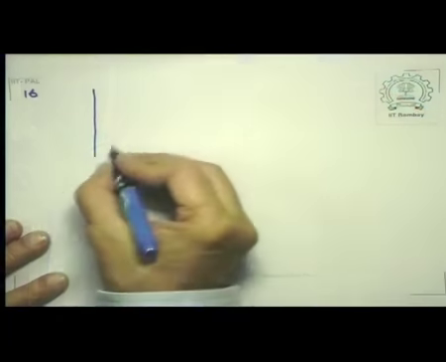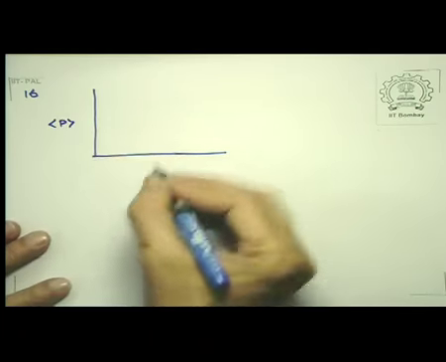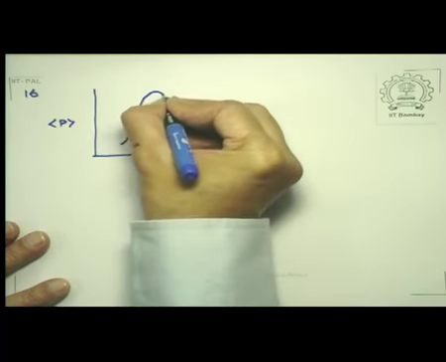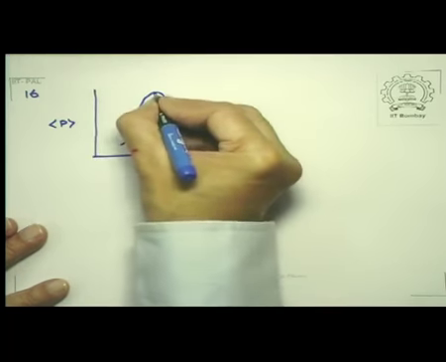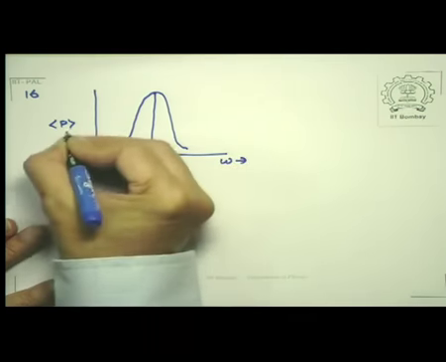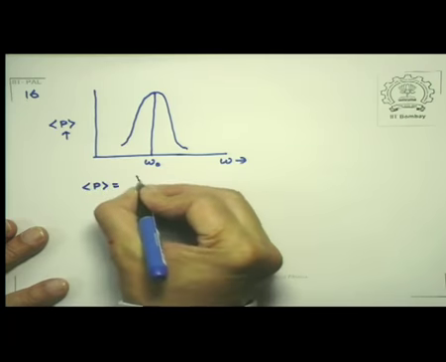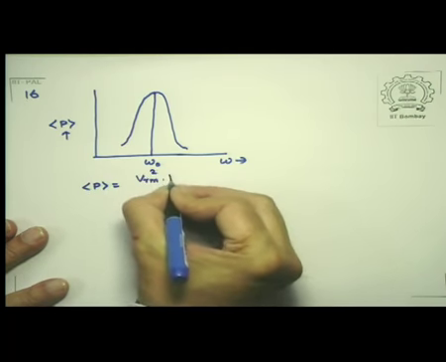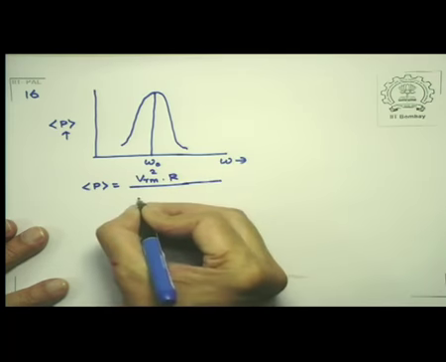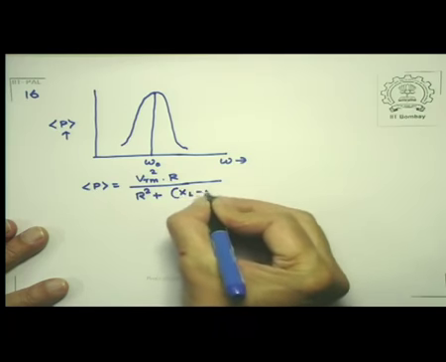Now let me look at what happens to the curve. Instead of comparing, just look at a fixed resistance and look at this power P. So the power curve was like this, and we have seen that the peak here is at omega equal to omega 0. And the expression for average power was V RMS square R divided by Z square, that is R square plus XL minus XC whole square.